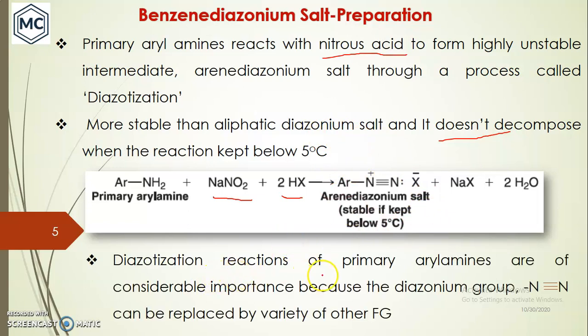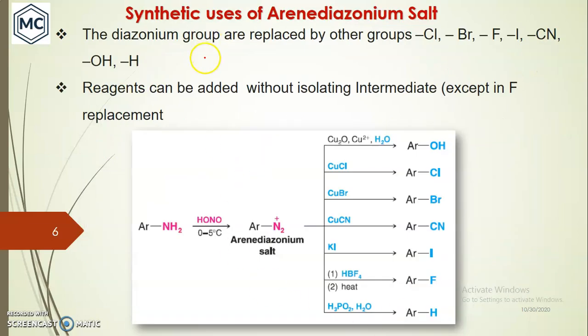Diazotization reactions of primary aryl amines are of considerable importance because the diazonium group, N triple bond N with a positive charge on one nitrogen, can be replaced by a variety of other functional groups. N2 is released and you can substitute other groups such as Cl, Br, I, cyano, hydroxy or hydrogen, and the reagent can be added without isolating the intermediate.